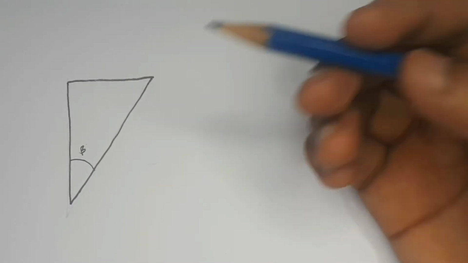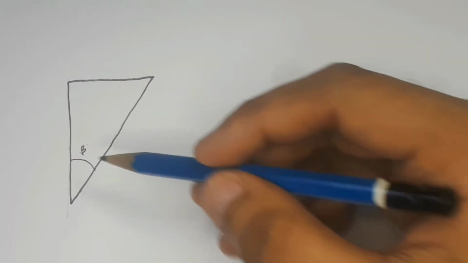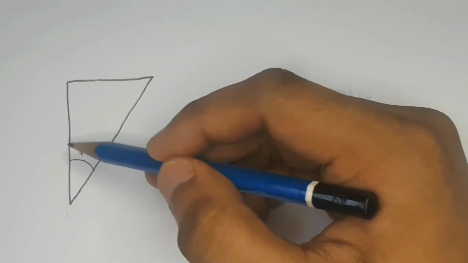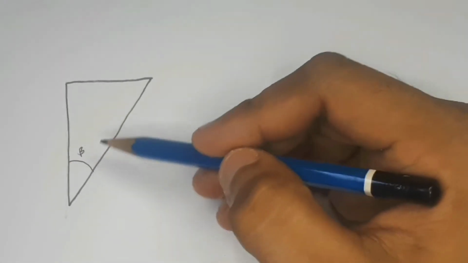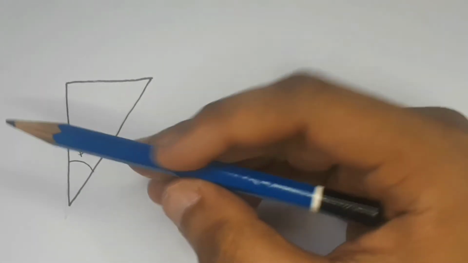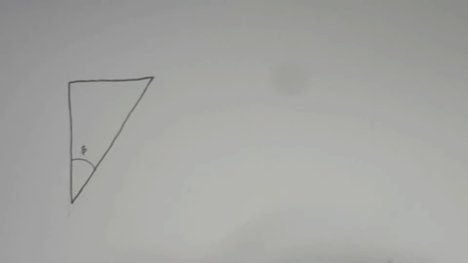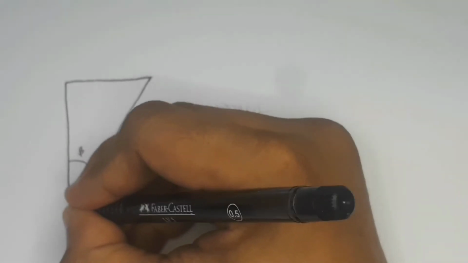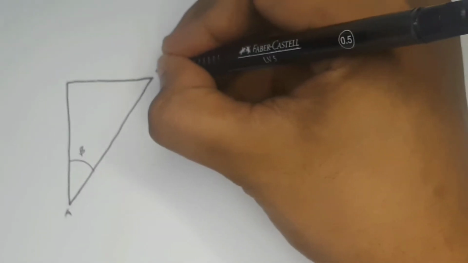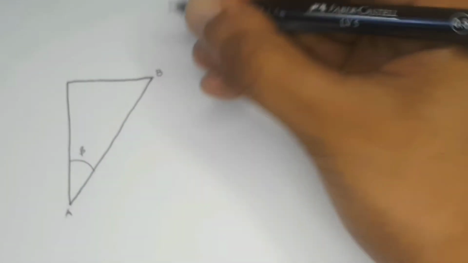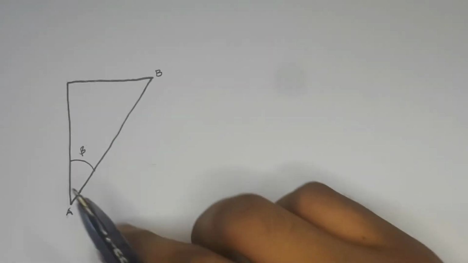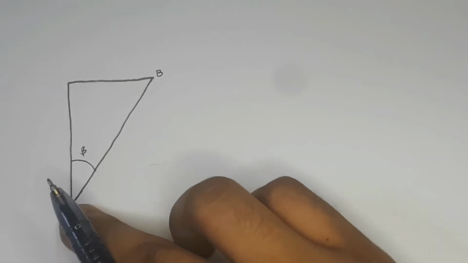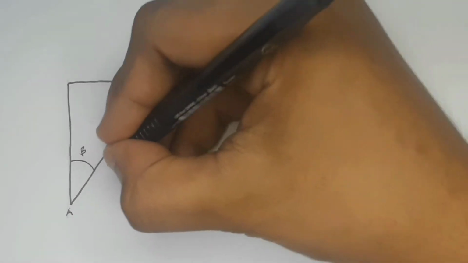What is the use of this bearing in computing the value of our latitude and departure? Let's say this is our point A, and this is our point B, and the distance between points A and B is known.